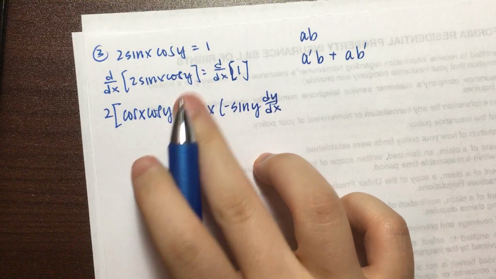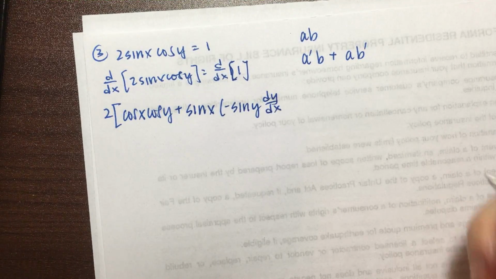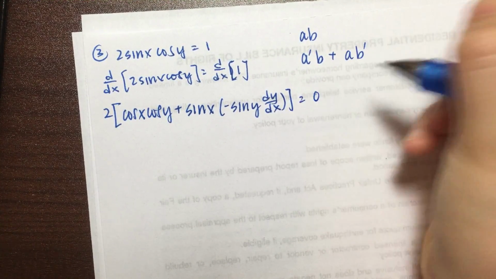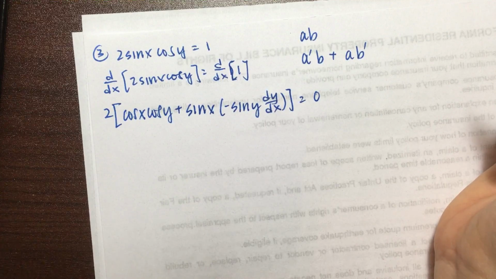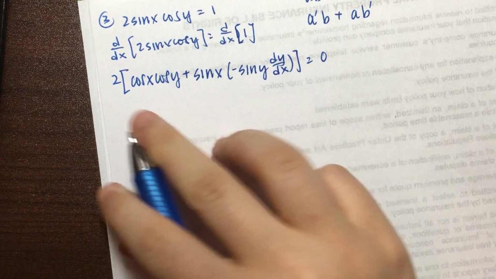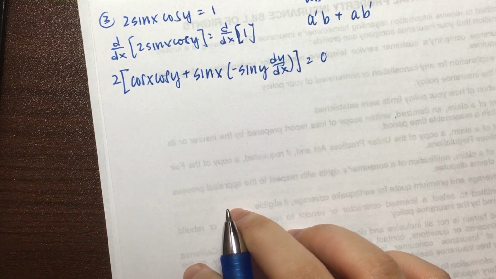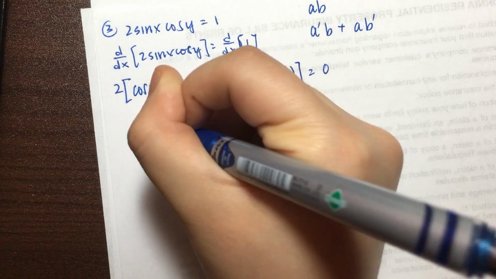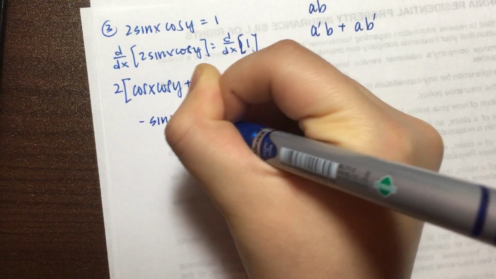Remember, chain rule, because the variables do not agree. And then this is just 0, because 1 is a constant, and the derivative of a constant is 0. Alright, so you can just kind of divide that by 2. The 2 doesn't really matter anymore. And we're left with, what are we left with?